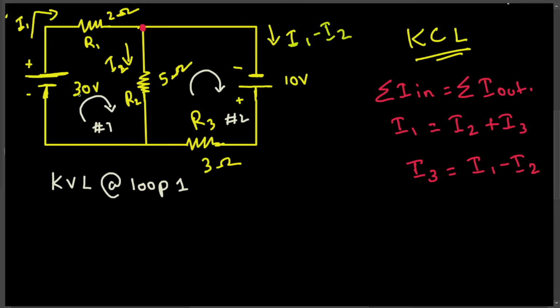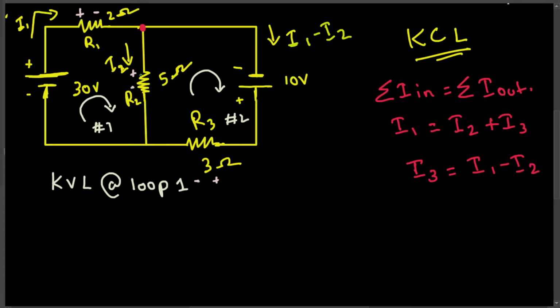So if you add all the voltages around this loop, that should be equal to 0. Whenever the current passes through negative to positive, the voltage is positive, and if the current passes through positive to negative, then the voltage is going to be negative. Here the current flows this side, so the current passes from higher potential to lower potential. So this is going to be plus right here, and this is minus, and here also this is plus, this is minus, and for this one plus minus right here.